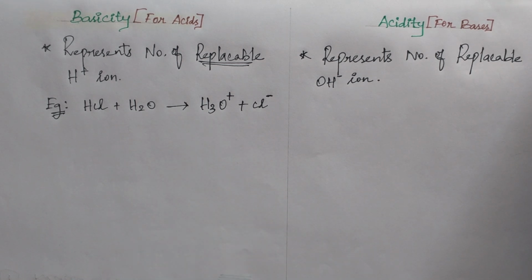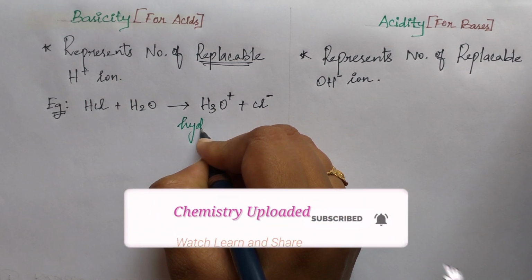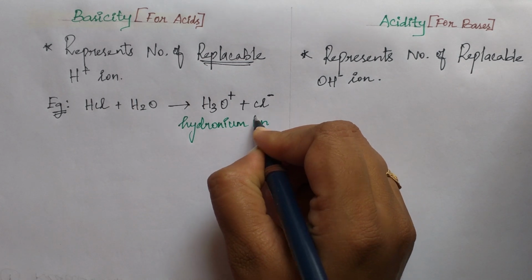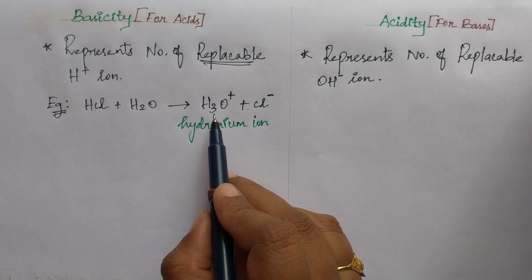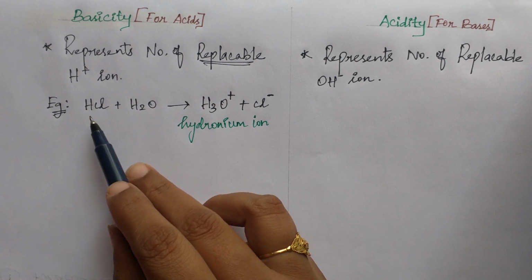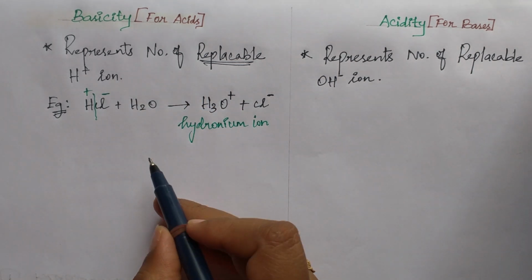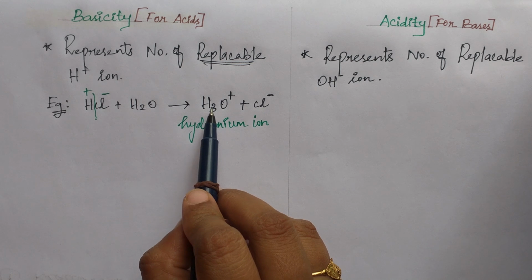The name of H3O plus is hydronium ion. So this H3O plus contains the H plus, the proton, because in water this H plus is added. See here, it splits into H plus and Cl minus. So how many H plus does it contain? Only one.